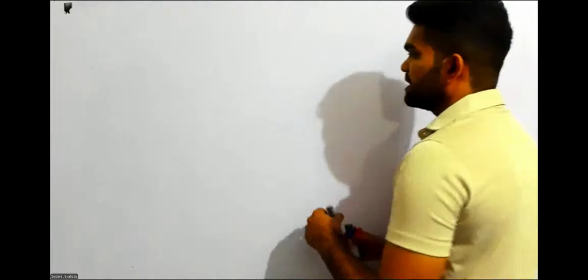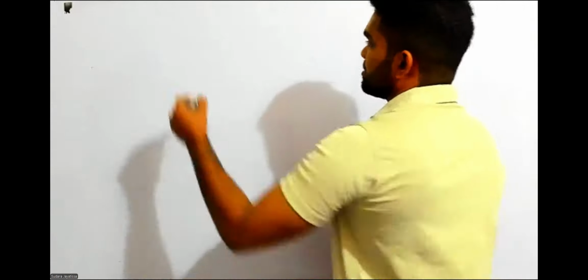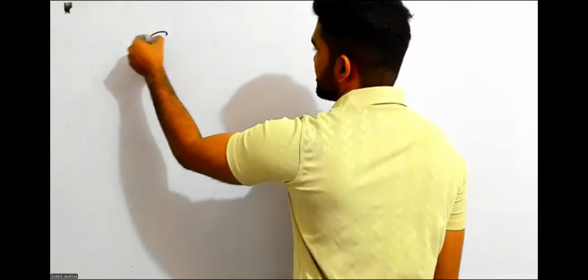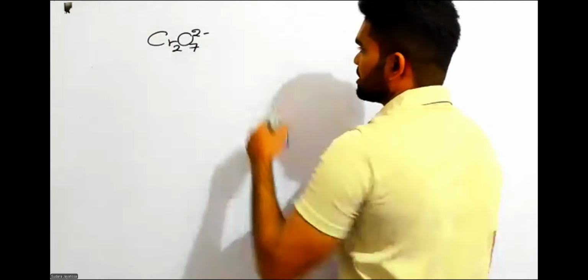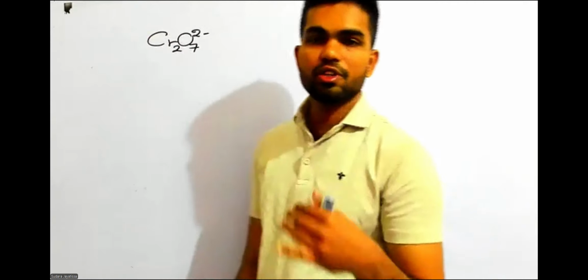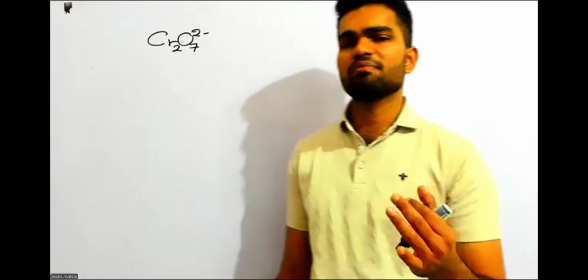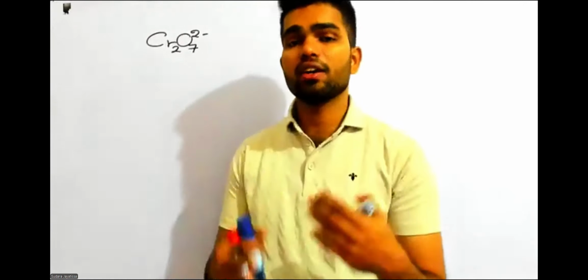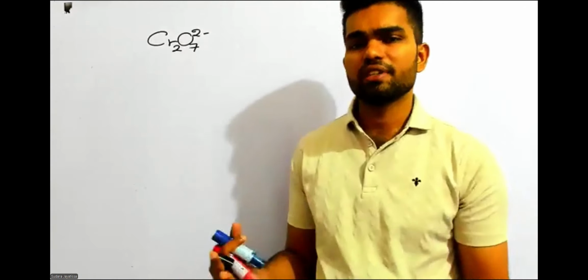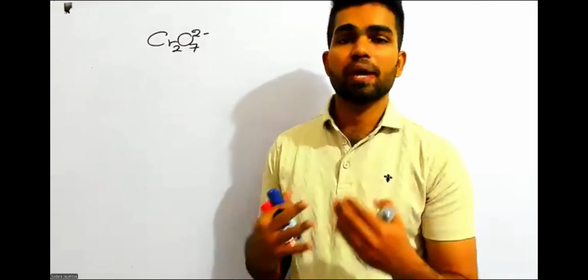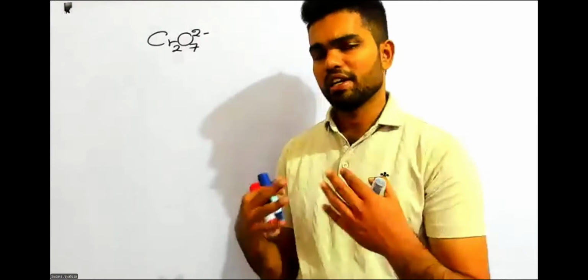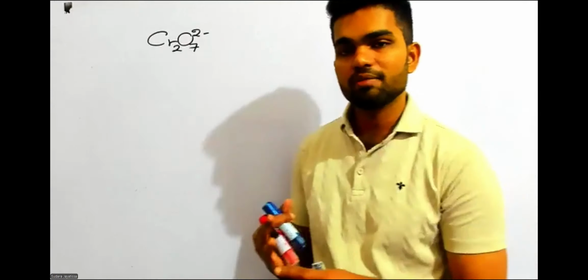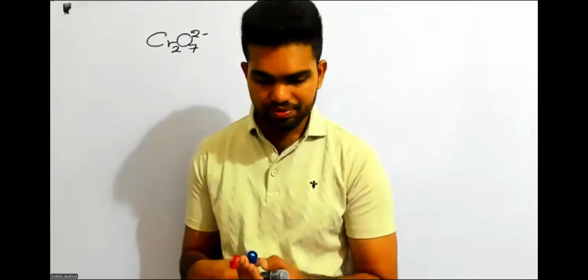Let's try to recall that one. Now, the ion is Cr2O7 2−. You are omitting potassium from this equation. Why? Because potassium does not take part in the redox reaction. It's just an observer, or we say a spectator ion. So when you notice such ions, just ignore them and start balancing. So don't put potassium or sodium into this equation.